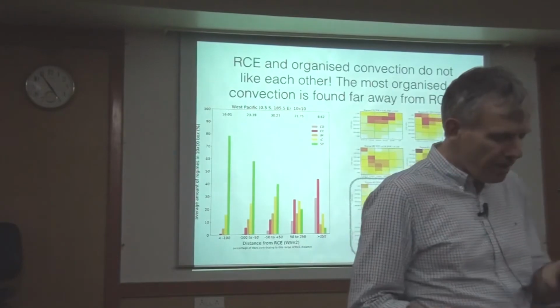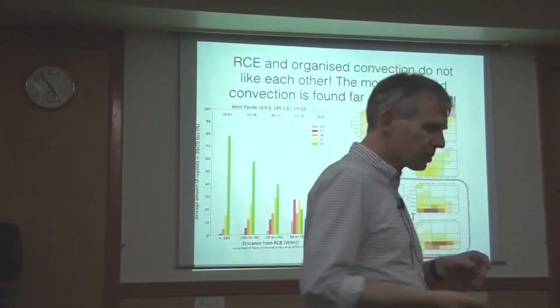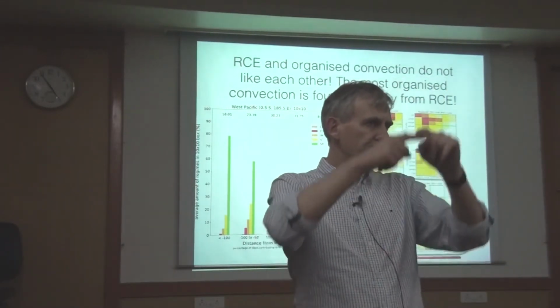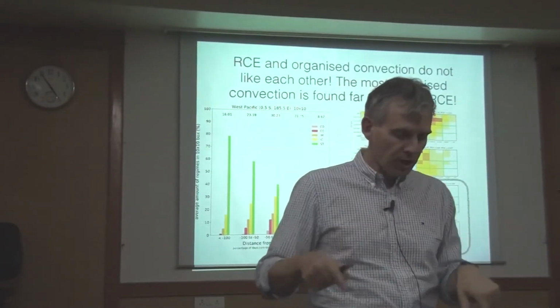So what you do is for every pixel, so you can make a grid box, and ISCCP usually makes 2.5 by 2.5 degree grid boxes. The latest release only makes 1 by 1 degree grid boxes, but this is all based on the 2.5 by 2.5.